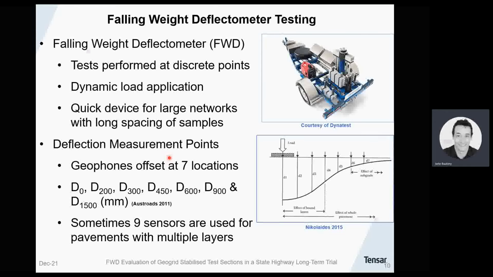The deflection data from these offsets enables calculation of different parameters which represent performance of different layers of the pavement, as you can see in that schematic there. Sometimes 9 sensors are used for pavements with multiple layers.